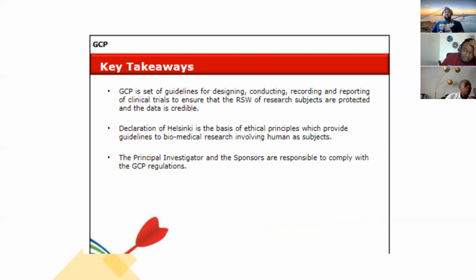The institutional review boards are usually, so there are two kinds of institutional review boards. We have the institutional review board at the site level, which means the institution itself. Take for example, Mount Sinai. Mount Sinai has a local IRB. It has an institutional review board made of people within Mount Sinai.